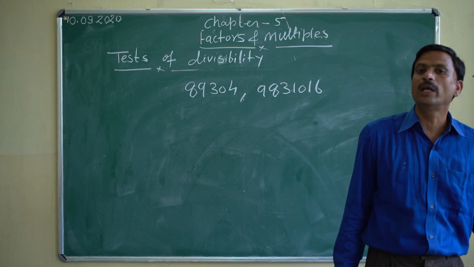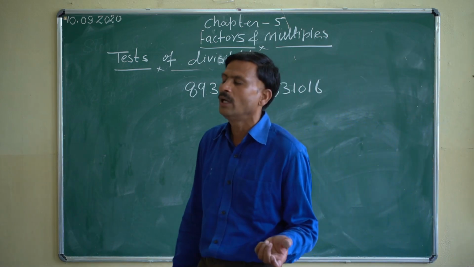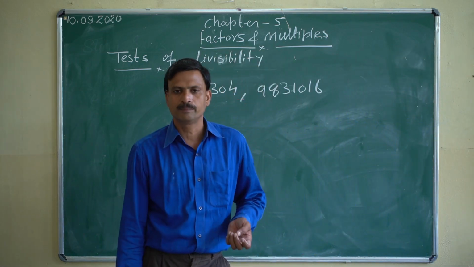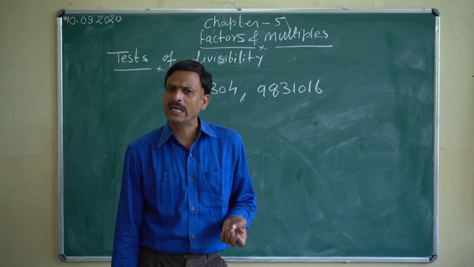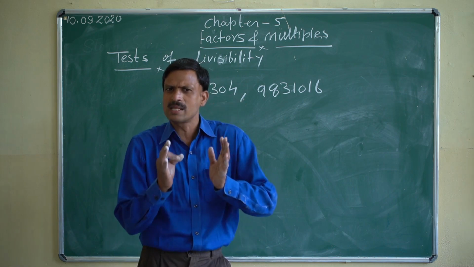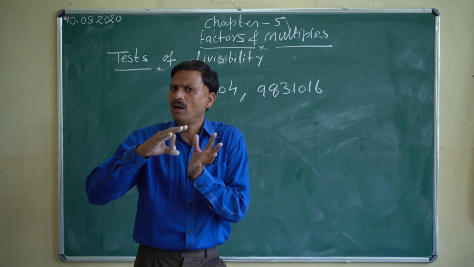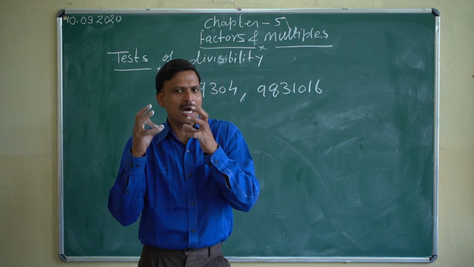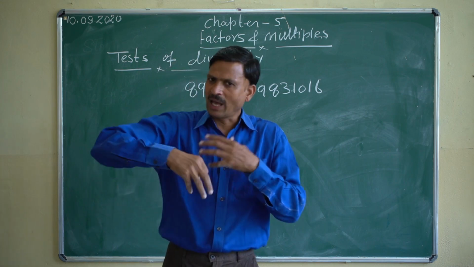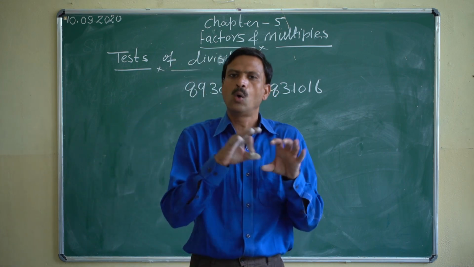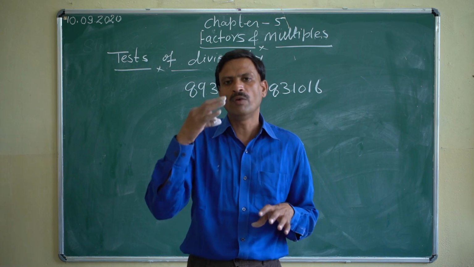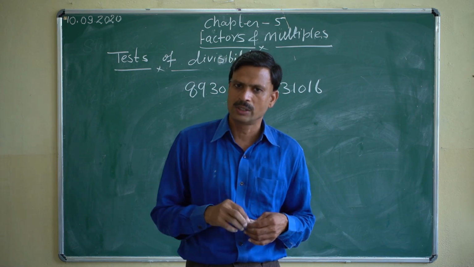So first I am telling you what is the divisibility rule for 8. The divisibility rule of 8 is that whatever number is given, we take the last 3 digits, and if the number formed from the last 3 digits is divisible by 8, the whole number will be divisible by 8. Understood?